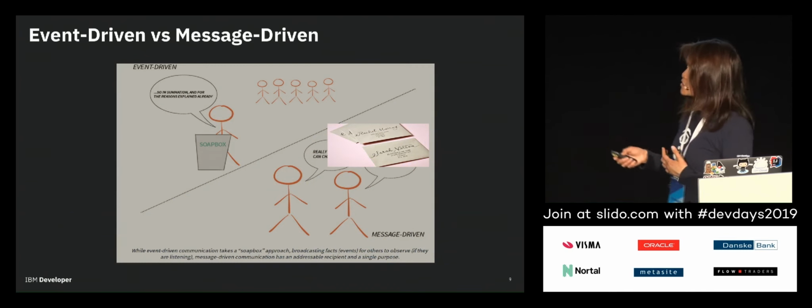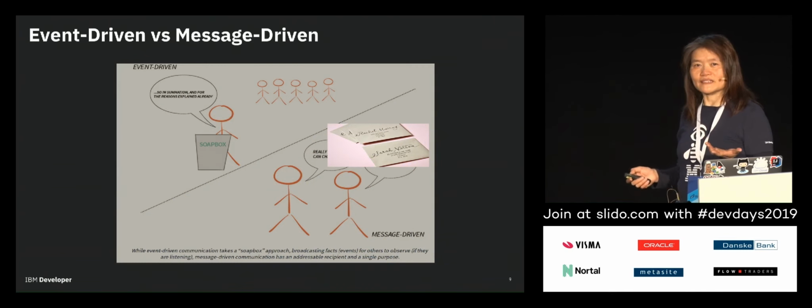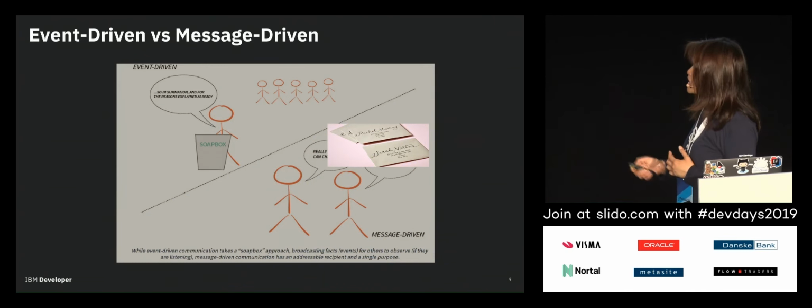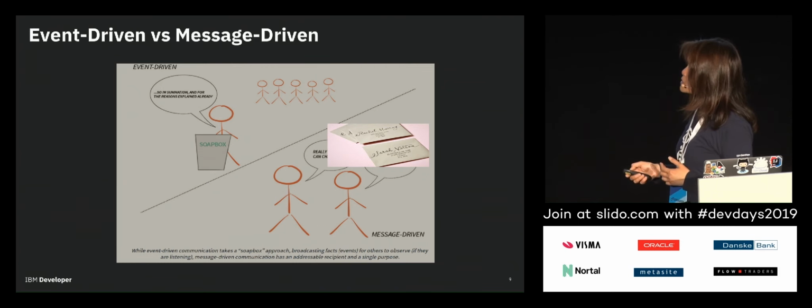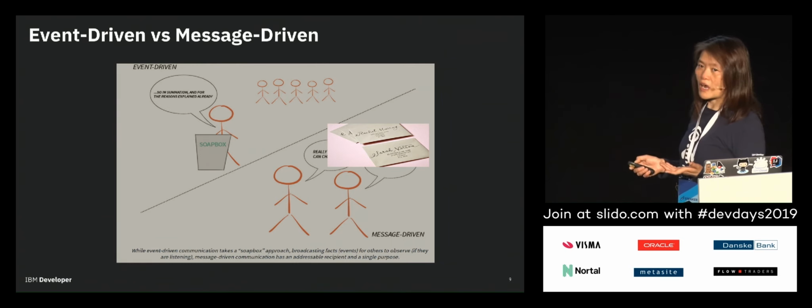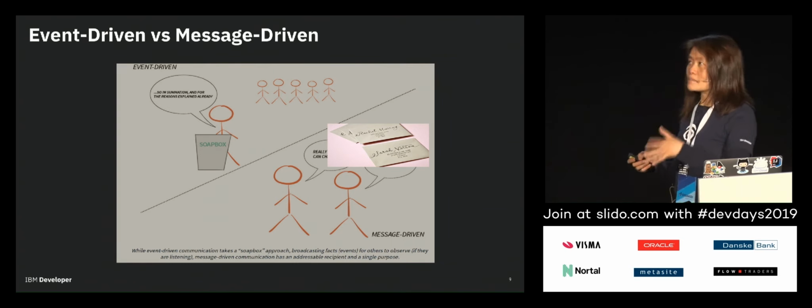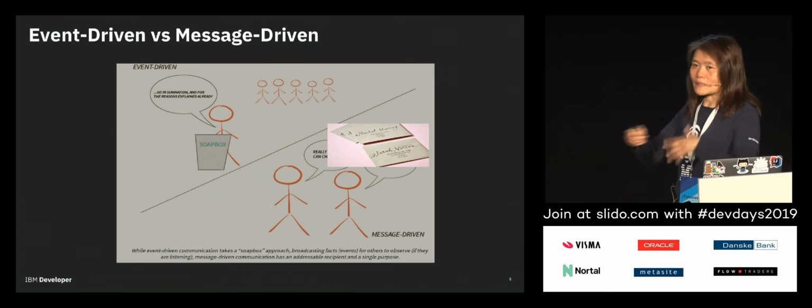And here I also have another slide, which I borrowed from the Lightbend architecture. It compares event-driven and message-driven. The main difference is that event-driven is like a soapbox, right? Events come out, like a soapbox announcing that some things happen.